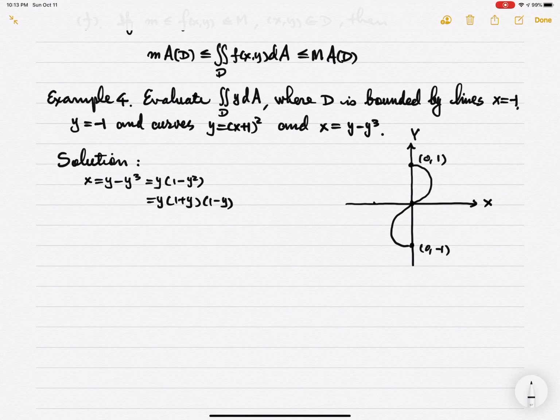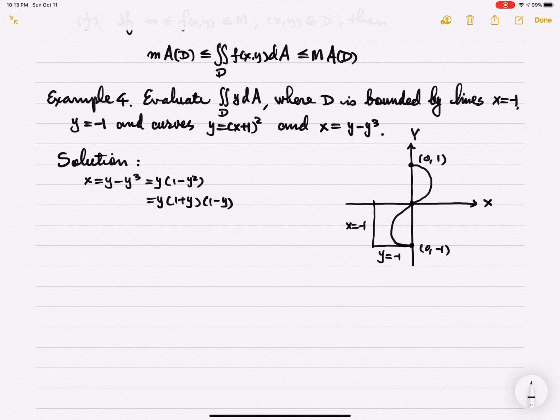So x equal to negative 1 is a vertical line, so that's this line. Now y equal to negative 1 is this line.